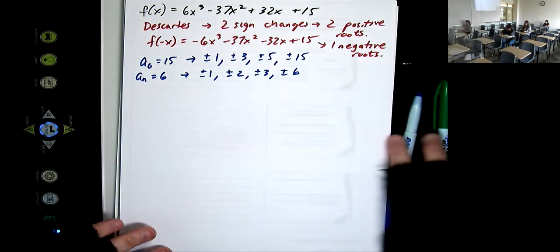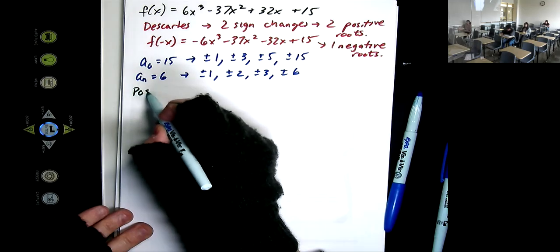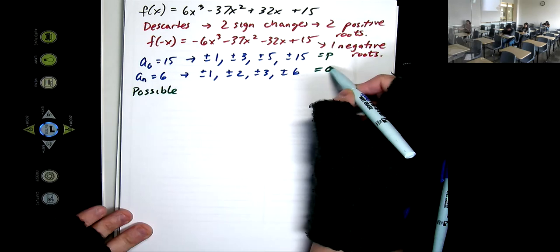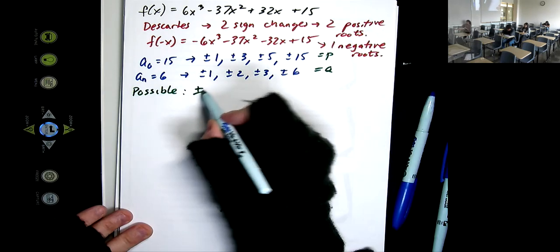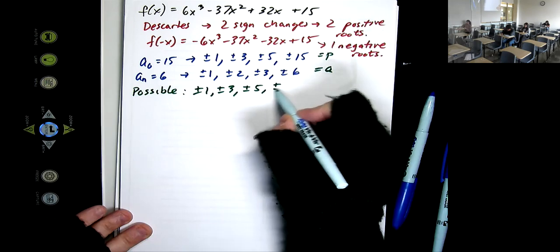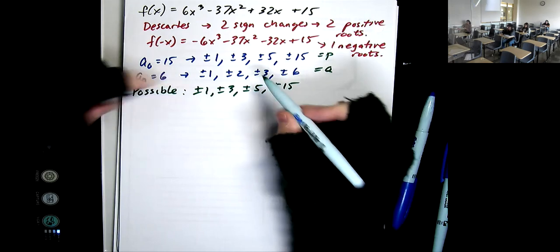So if I look at all my possible roots, writing them out, my P over Q, I can have them all over 1. I can have them all over 2.